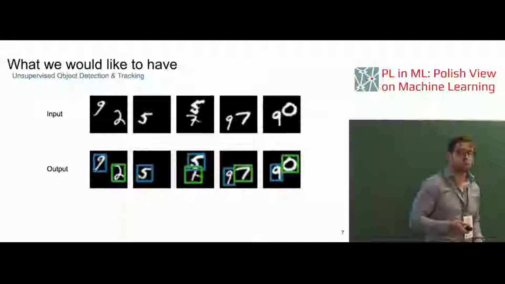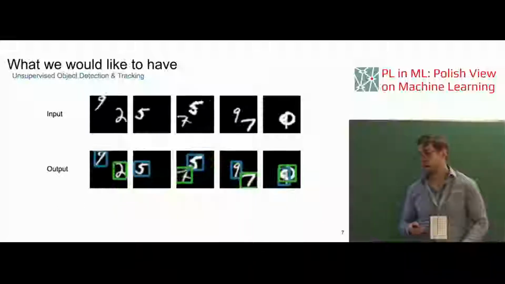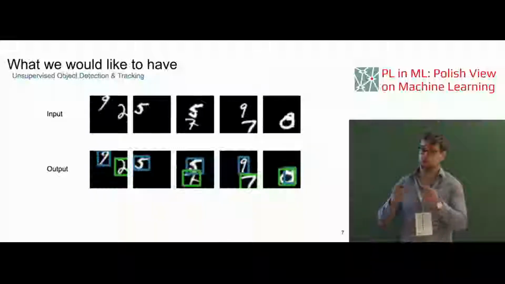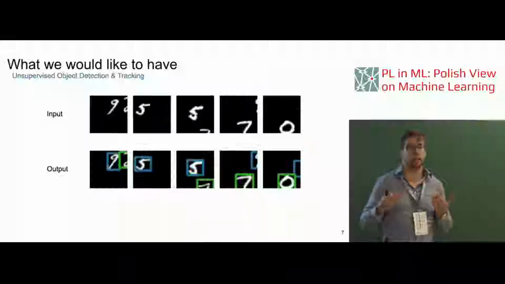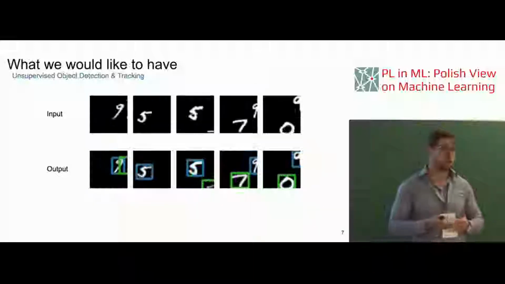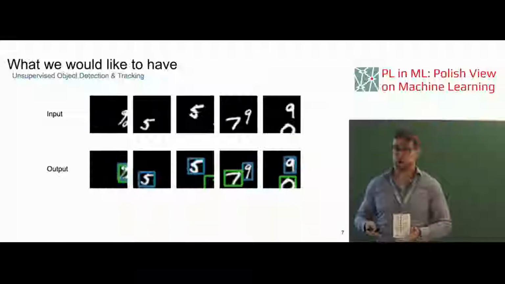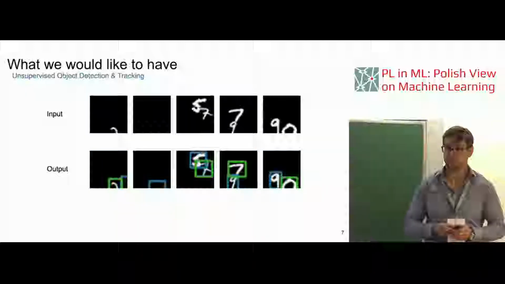In the top row, we have input sequences of moving digits. In the bottom row, we have reconstructed sequences with marked bounding boxes. So we would like to have a model that can extract variables for every object and that could link those objects between frames, thereby doing both detection and tracking.